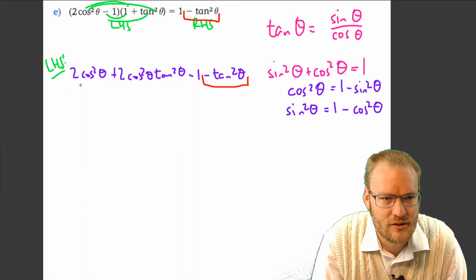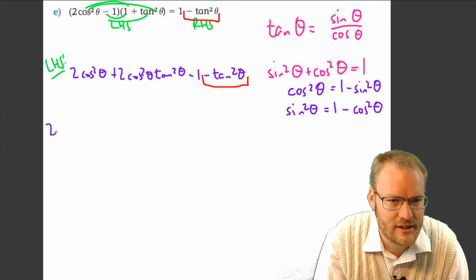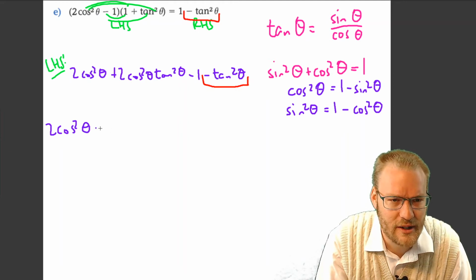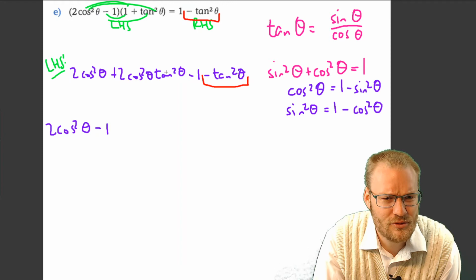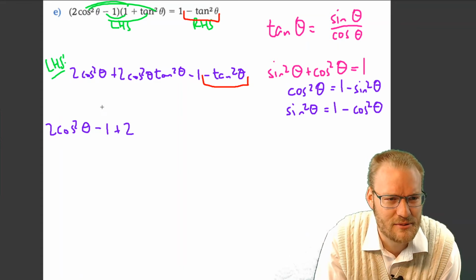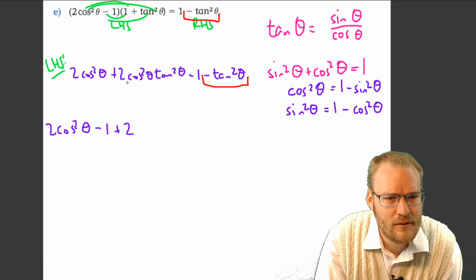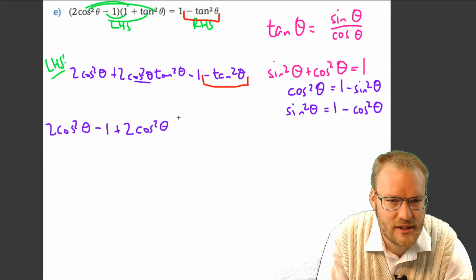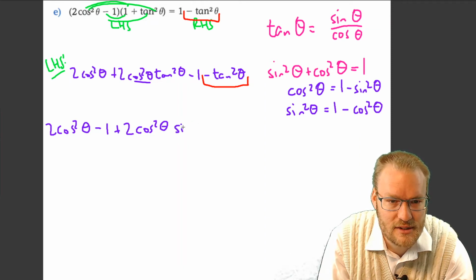Now let's start with 2 cos squared theta. Let's just leave that for now. 2 cos squared theta, and we've got a minus 1. And then change this tan squared theta into sine squared theta over cos squared theta. So we've got plus 2, cos squared theta, and tan squared theta is sine squared theta over cos squared theta.